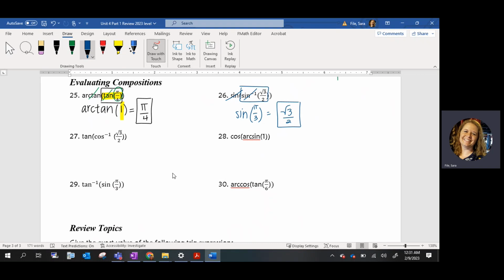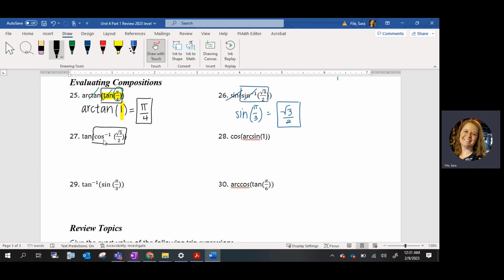Now the rest of these, they don't match. This one's inverse cosine and tangent, so there's no way these are going to cancel out. Those will never cancel out if they're not even the inverse trig of the trig function that's listed. That won't happen. So we just work inside out. So I'm going to work the inside here first.